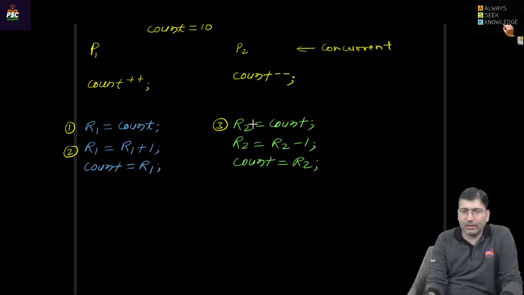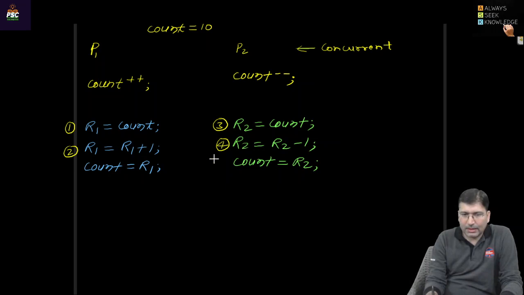So this 10 value will be loaded inside R2 here. Okay, and then let's say fourth, this statement is being executed. Because R2 has 10, now R2 will get value 9.